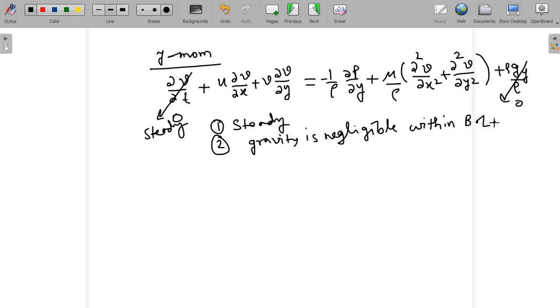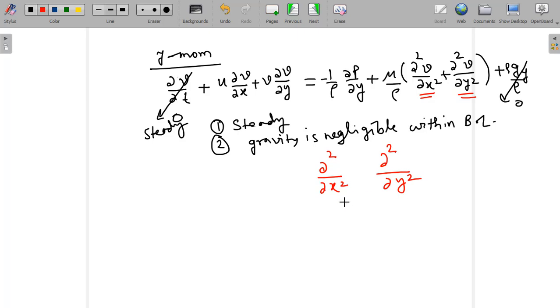What else? If we compare these two terms, one contains ∂²/∂x² and another contains ∂²/∂y².